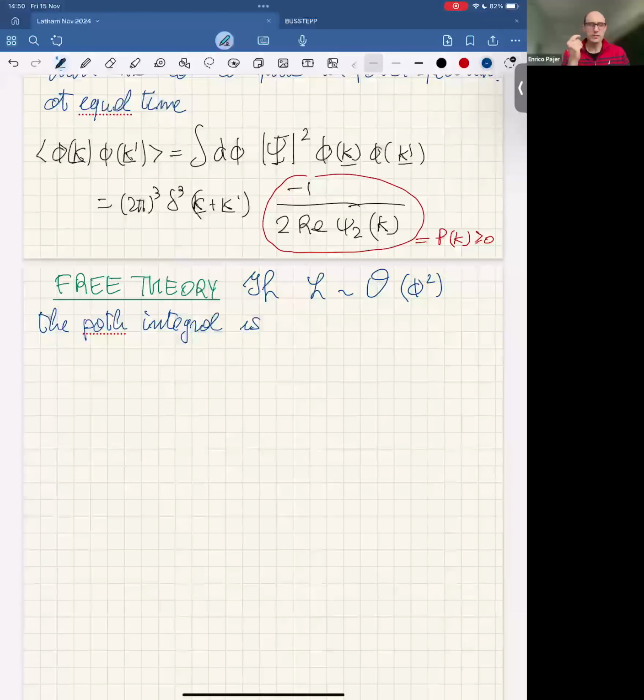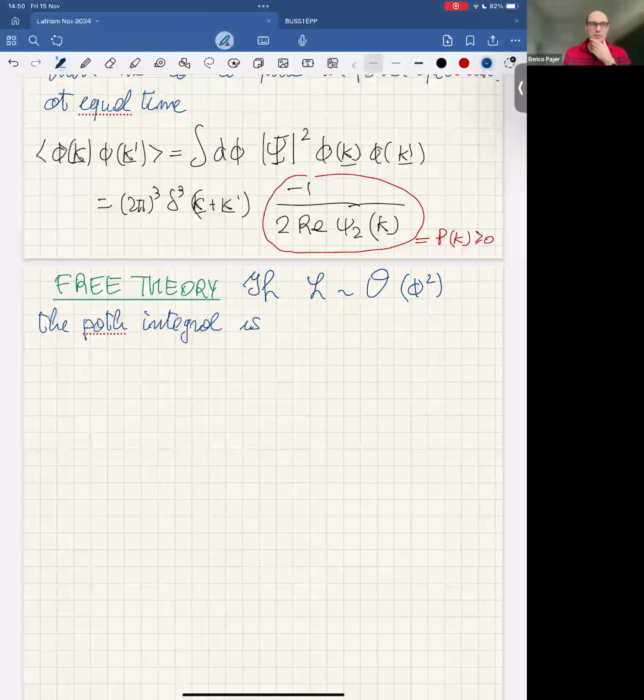In fact, the stationary phase, where you approximate the path integral by asking when the phase is stationary, so the derivative of that is 0, is not an approximation for a Gaussian path integral, it is exactly the right result. And when the theory is non-Gaussian, then that is just an approximation that we call the semi-classical approximation.